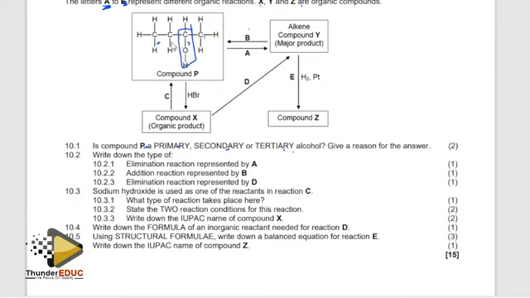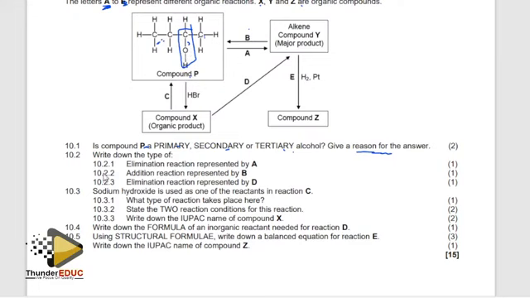Primary is the first level, meaning 1 carbon atom attached to the carbon atom with the functional group. So this is automatically a secondary alcohol. Then they're saying, give the reason for your answer. We answered it: the carbon atom with the functional group is attached to 2 other carbon atoms. It must be a complete statement.